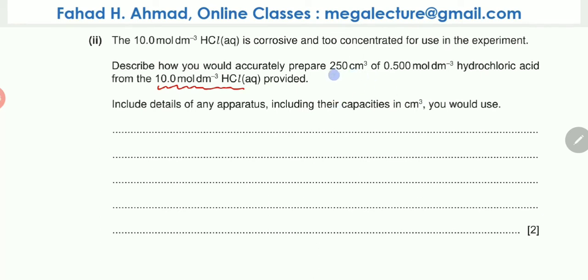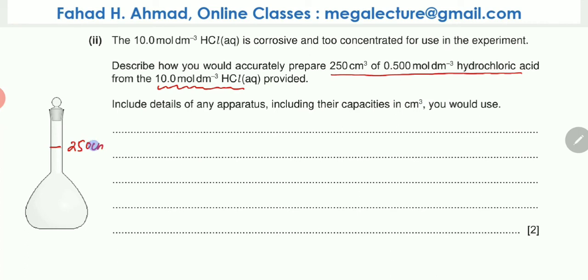So the first step is to focus on the solution that you're trying to prepare. Solutions are always prepared in volumetric flasks. Here you can see the volumetric flask, which has only 1 mark, usually the 250 cm cube mark. The first thing is to figure out how many moles of HCl you require to actually make this solution.